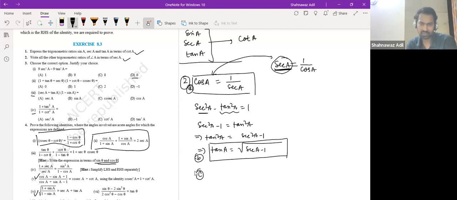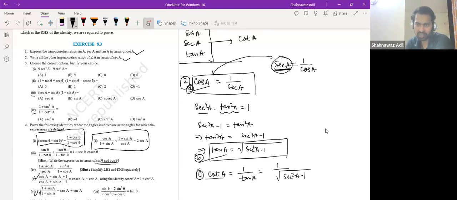So we can calculate cot from here, right? Cot A is 1 by tan, right? So 1 by root of sec square A minus 1. So we have calculated cos, we have calculated tan, we have calculated cot.